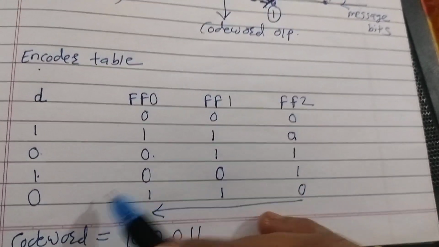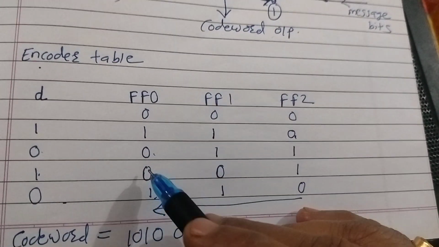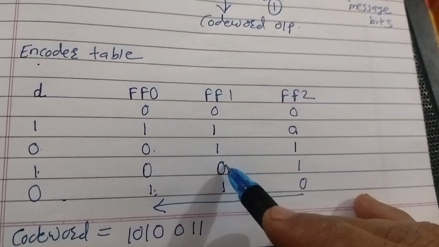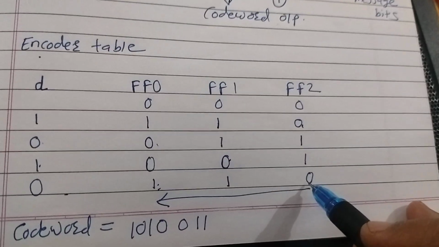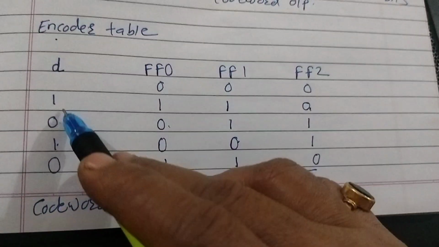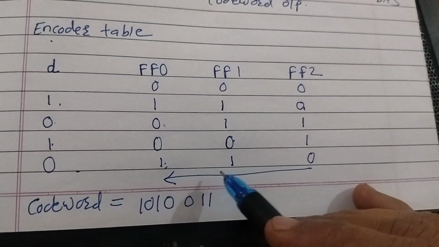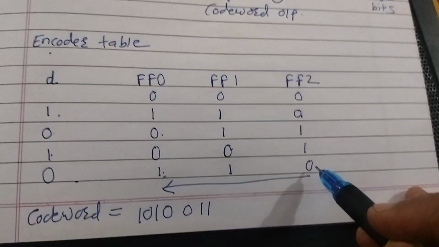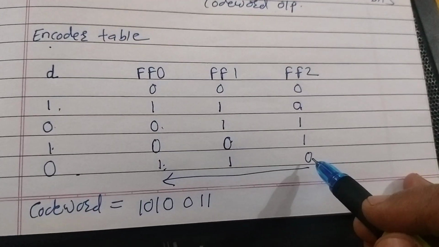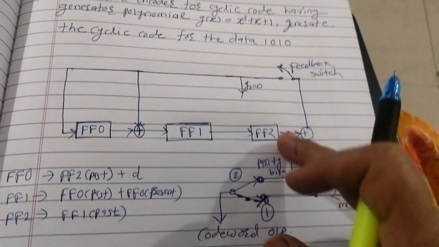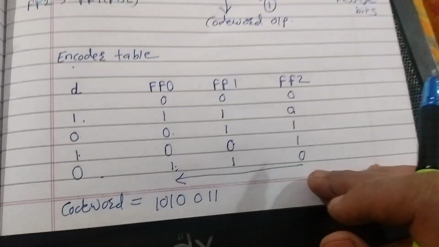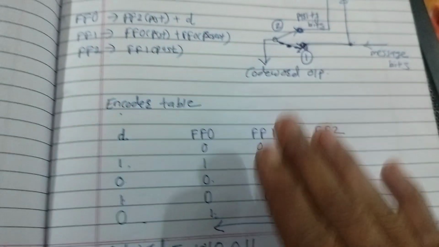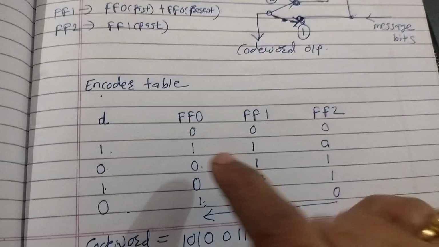Then 1 plus 0, 1. 0 plus 1, 1. This 0 will appear here. So when 1010 completes, you will get 110, that is flip flop 2 is 0. First output will be flip flop 2, so 0, then 1, 1, 0, 1, 1. So this table is very easy.